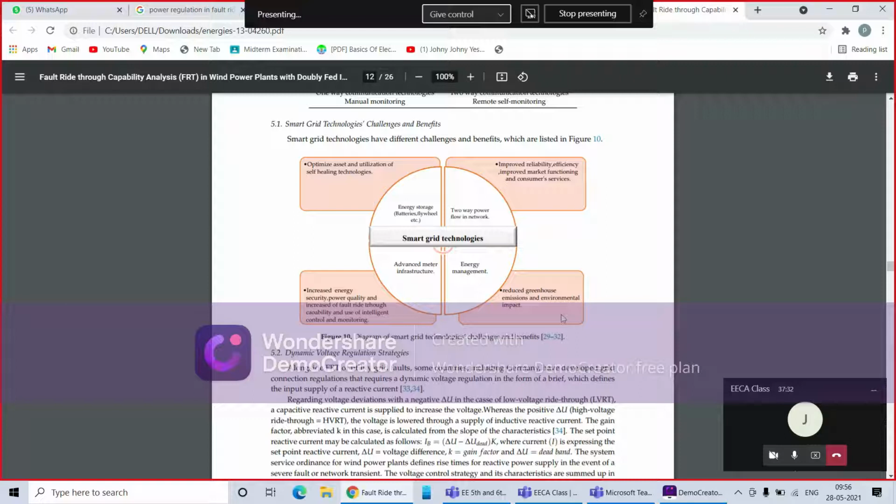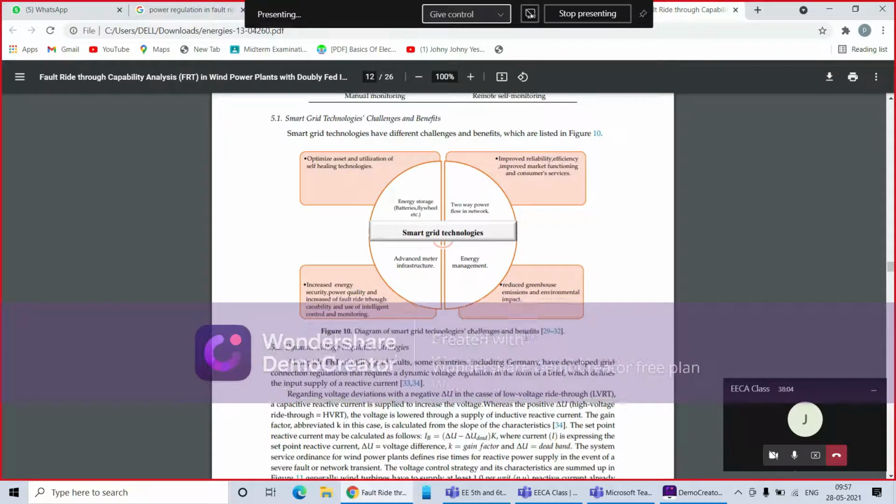If you design any technology, one of the questions must be, how much greenhouse effect, how much emission is your technology contributing to nature. Some days back I read an article in which it is written that some 4-5 big companies are contributing 65 to 70% of the emission to the environment. So you can see it is very important. By your smart grid technologies, you can have energy management that can reduce your greenhouse emission and environmental impact.